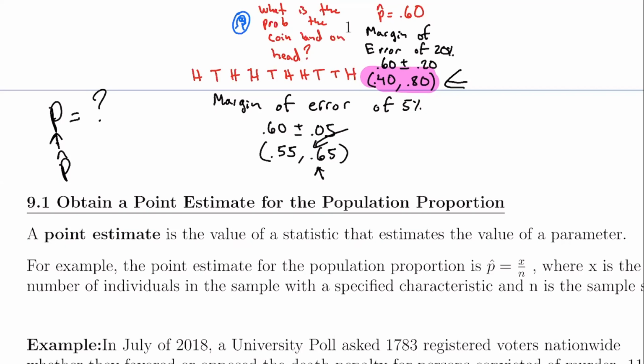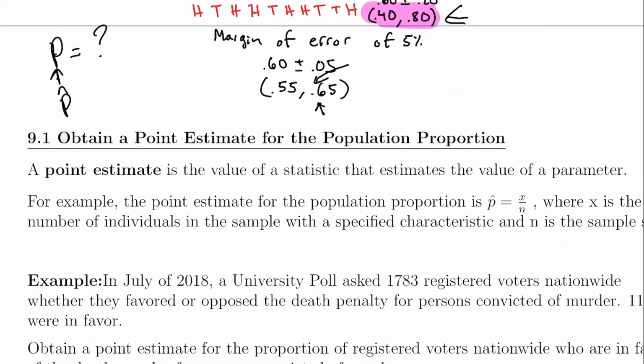For chapter 9.1, since we're doing a confidence interval for a population proportion, we're going to use p hat to estimate what p is equal to. Just remember, I don't know what p is, but I'm going to use p hat to estimate what it possibly could be. On 8.2, we went over the formula for p hat.